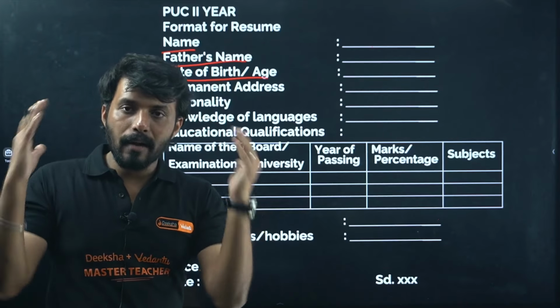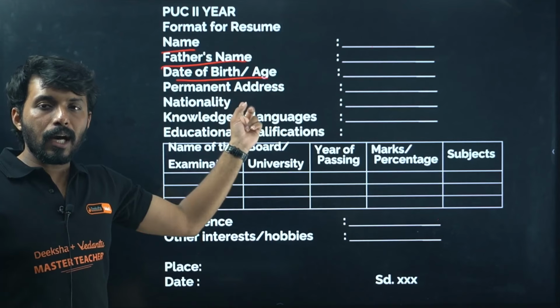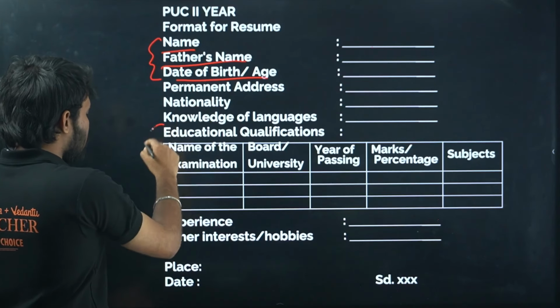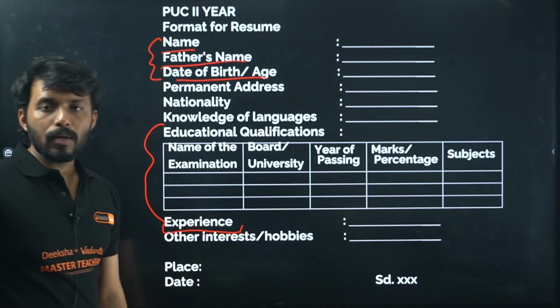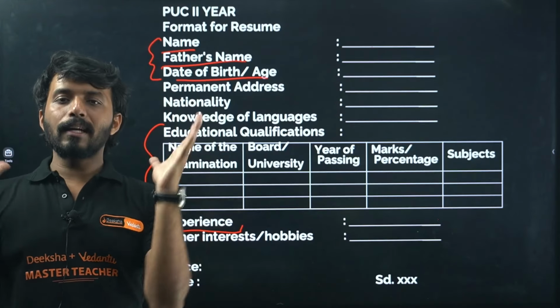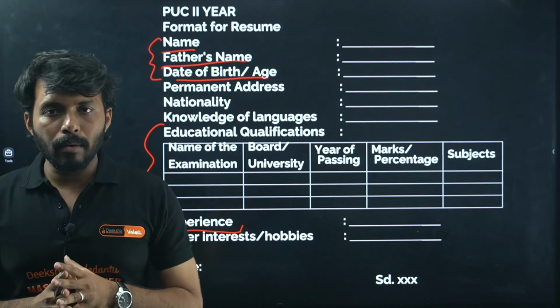You don't necessarily have to remember them, but the first 3 are very important. In the same way, educational qualification and experience is also very important. Now, should you find it difficult to remember the whole resume, what are the things you should remember?